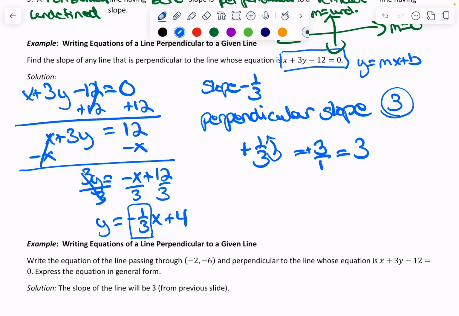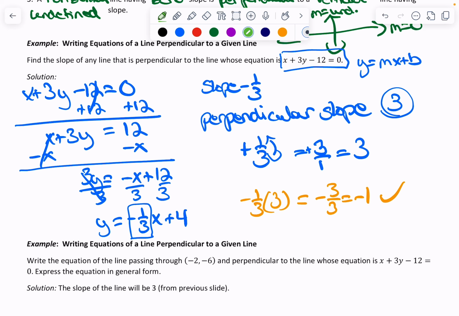Now, what we should do is check. Remember, the product of the slopes of these lines is -1. So negative 1/3 times 3 is going to be negative 3 over 3, which is -1, which is correct. So what did we do here?